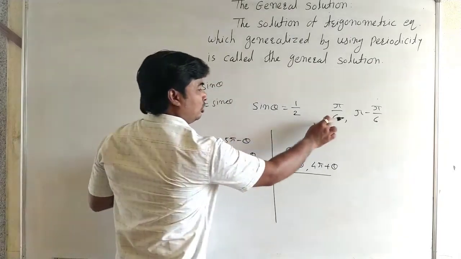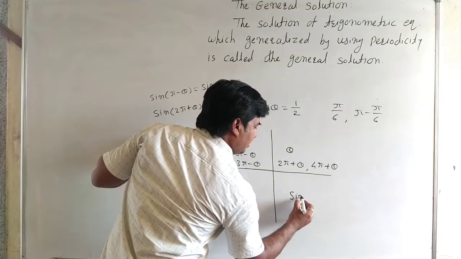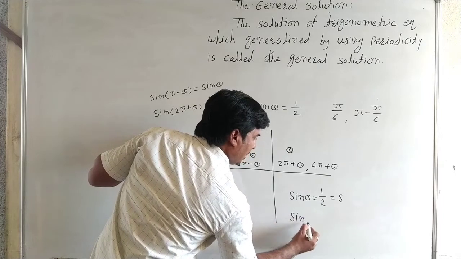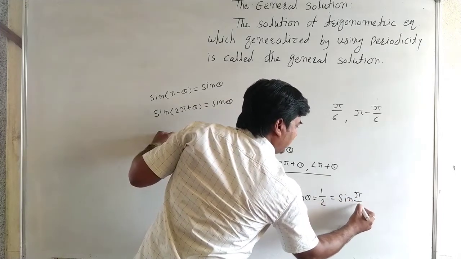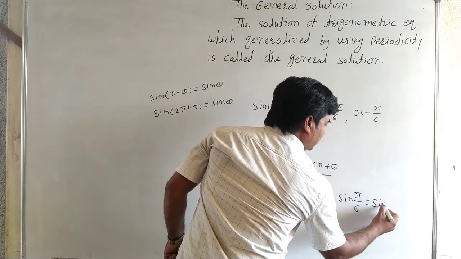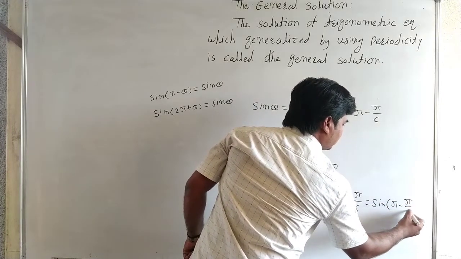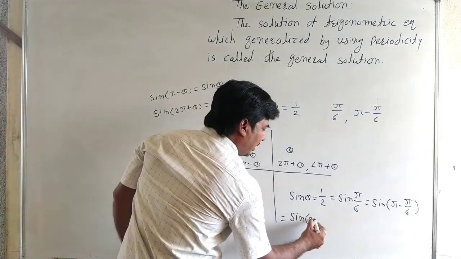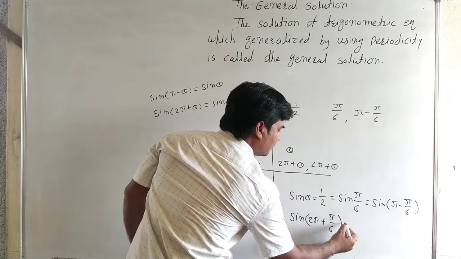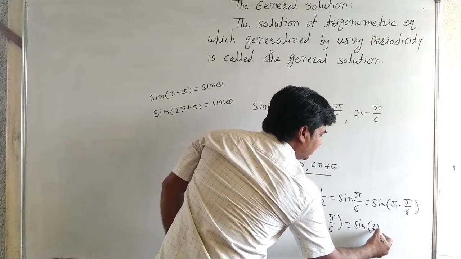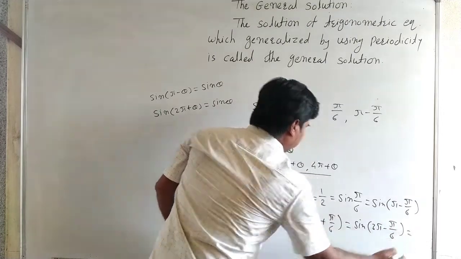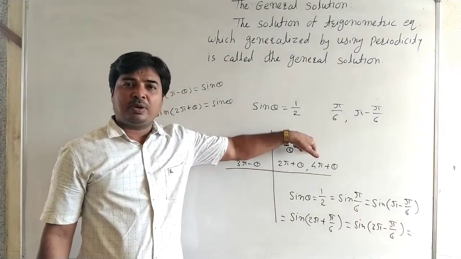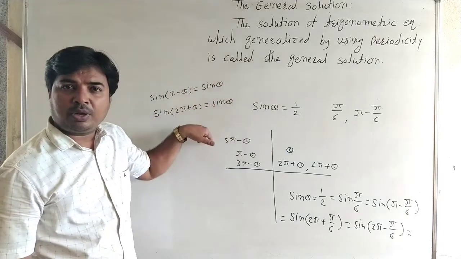That means theta is equal to pi by 6, and sin theta is equal to 1 by 2, that is sin pi by 6. Here we write sin pi by 6, and that is equal to sin pi minus pi by 6, then sin 2 pi plus pi by 6, then sin 3 pi minus pi by 6, then sin 4 pi plus pi by 6, 5 pi minus pi by 6, again 6 pi plus pi by 6, 7 pi plus pi by 6.